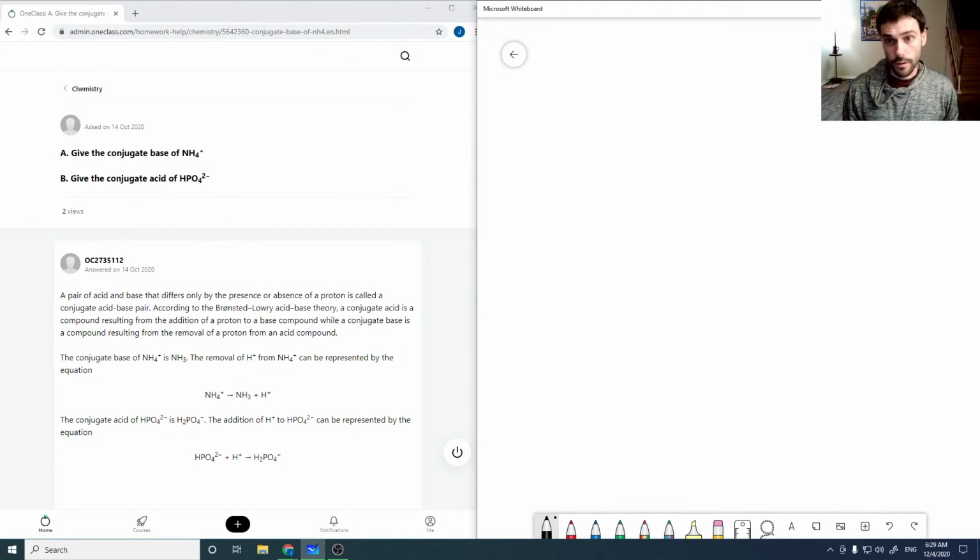So here's our first question. It's two parts. Give the conjugate base of NH4 plus.